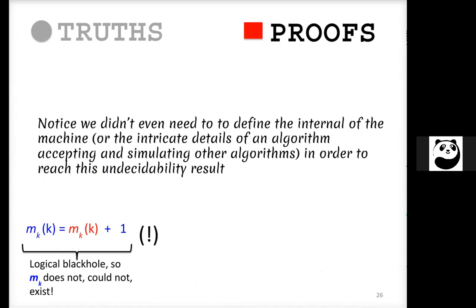Notice here that we did not have to define the internals of the machine MK which accepts other machines. We did not even have to talk about the details of it. We just logically arrived at this logical black hole, speaking of it in abstraction: assume that such a machine exists.